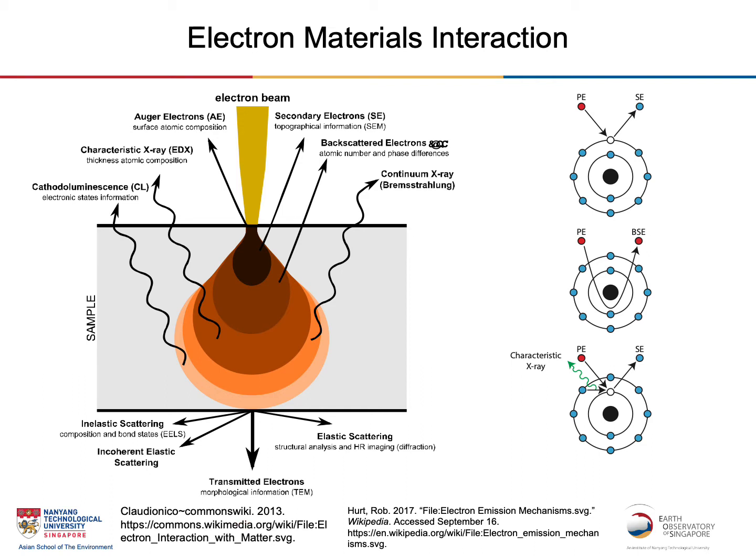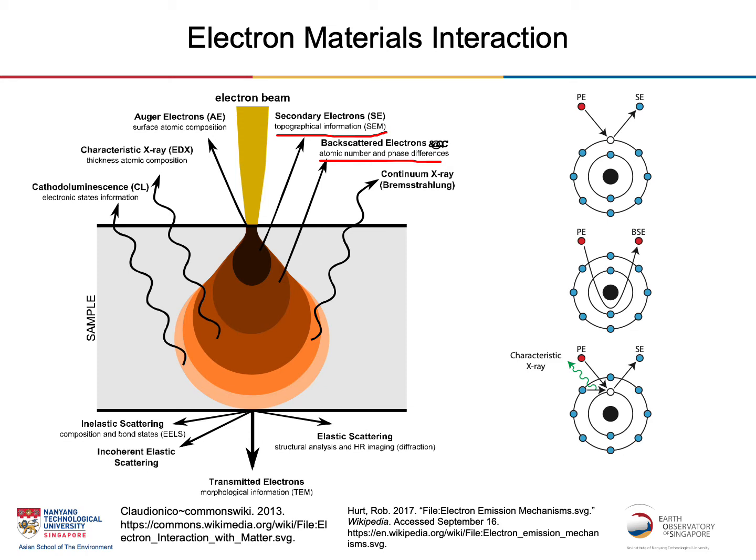observed. One of them is the production of another electron, what we call the secondary electron. And the original electron that we bombard to the sample, which we call a primary electron, bounces back, which is normally called a backscatter electron.